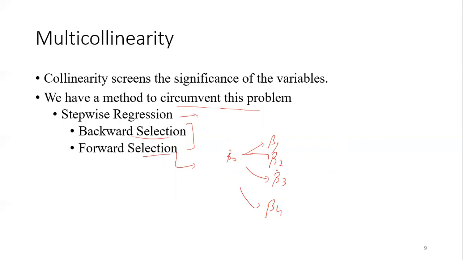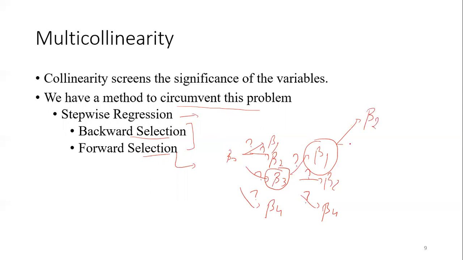Just pick the one which has the highest contribution, and then continue with adding again beta 2 and beta 4. Assume that this one has the largest contribution, and then try to see which one to choose, and then which one to choose, beta 3.